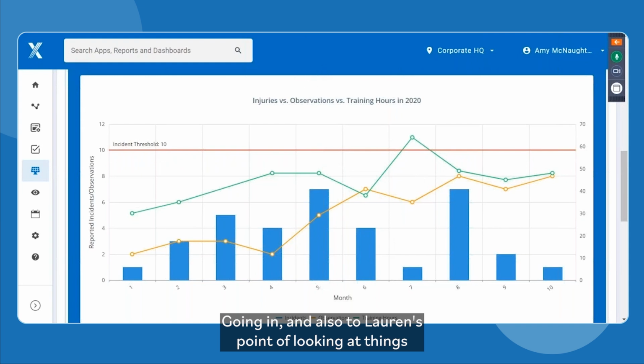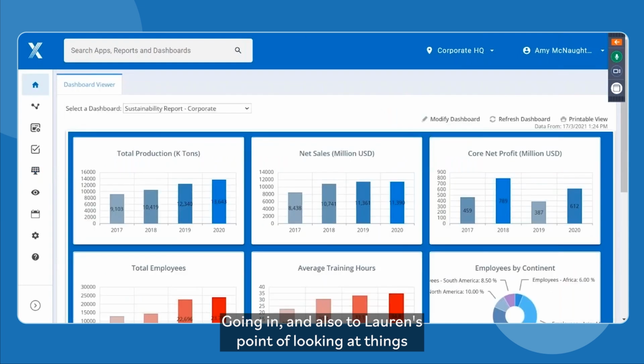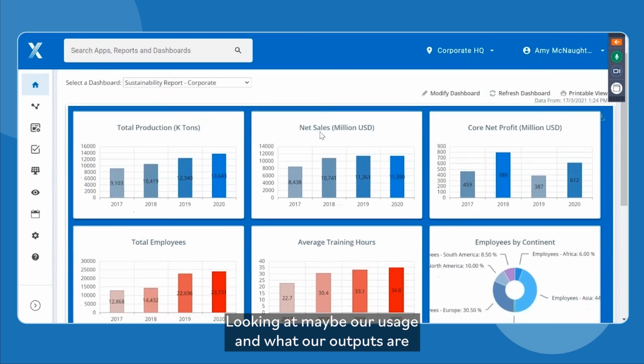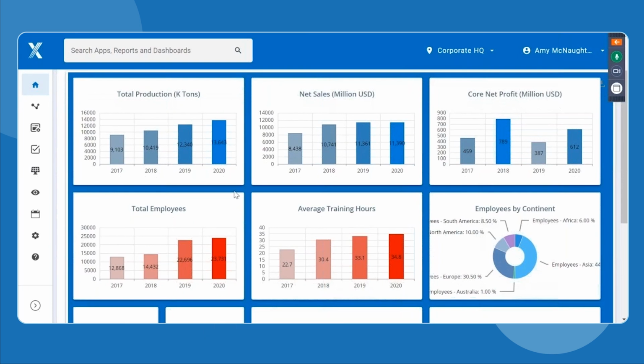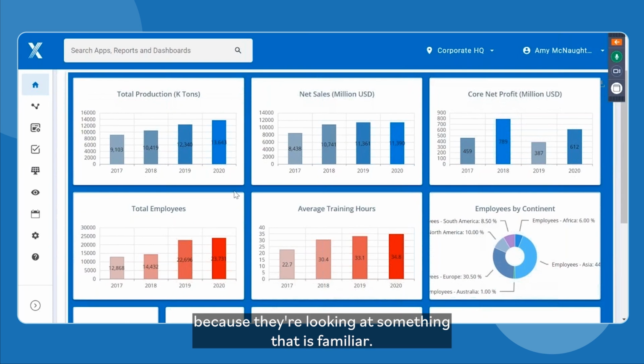Going in and also to Lauren's point of looking at things in a comparable, it's that repetitive element, being able to show graphics that are showing this is our sustainability reporting, right? Looking at maybe our usage and what our outputs are, and having these be very simple, very concise, and that repetitive nature does help employees take that information in because they're looking at something that is familiar.